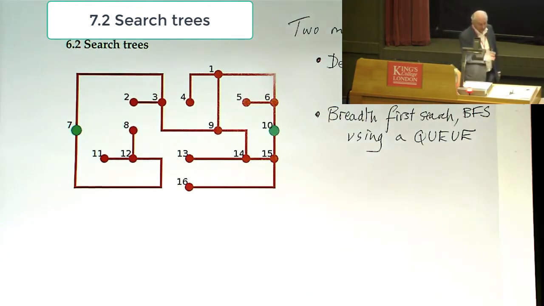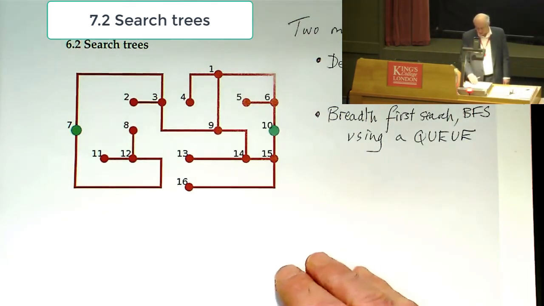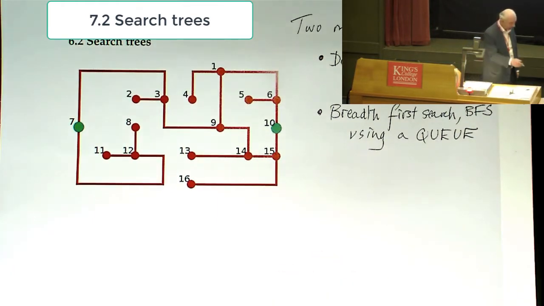Now, there was a good illustration of that, for those who came to Cumberland Lodge, when Irina spoke about playing chess or playing Go. There was this tree of possible moves from the start, and if you're stupid, you might consider all possible moves. You start from a given position, and you look at all possible moves from that position.